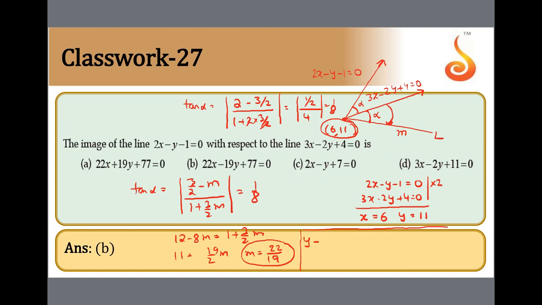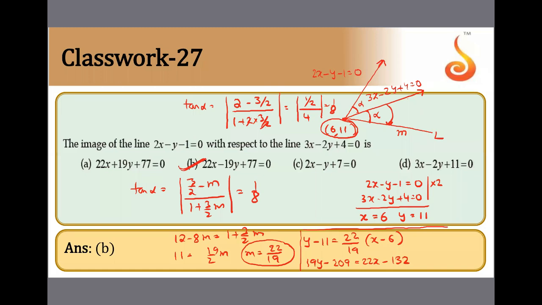Using the line equation, point-slope form: y minus 11 is equal to 22/19 (x minus 6). So 19y minus 19 into 11, which is 209, is equal to 22x minus 22 into 6, which is 132. Finally we get 22x minus 19y plus 77. Option B is correct.